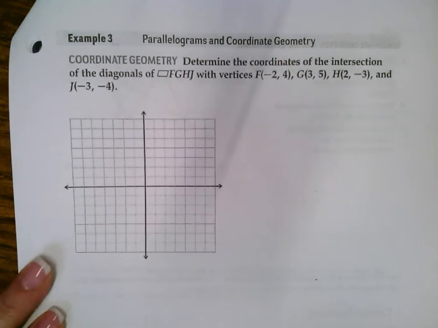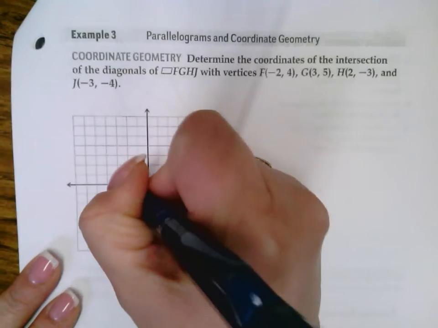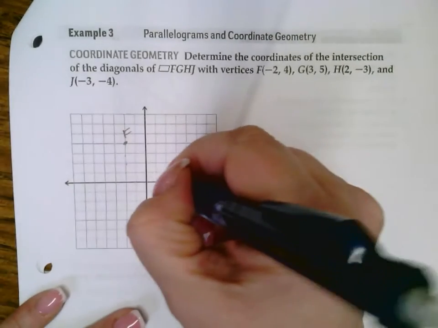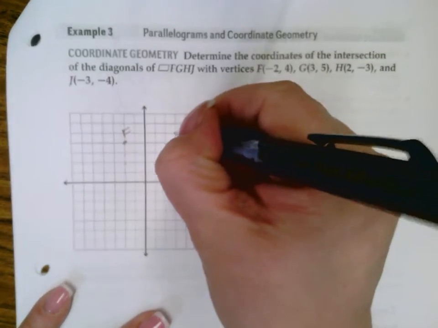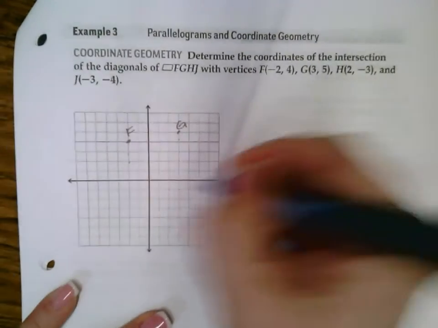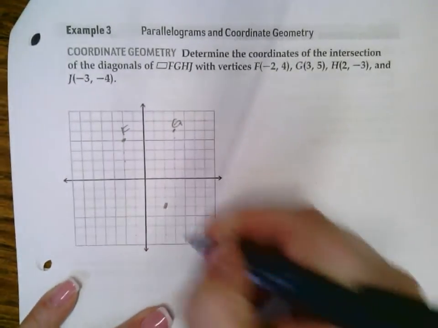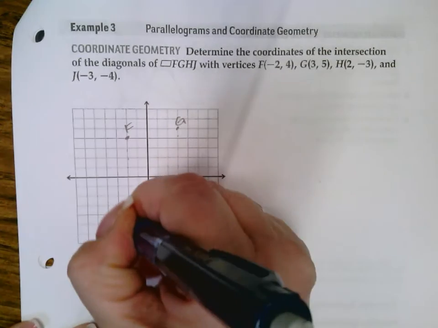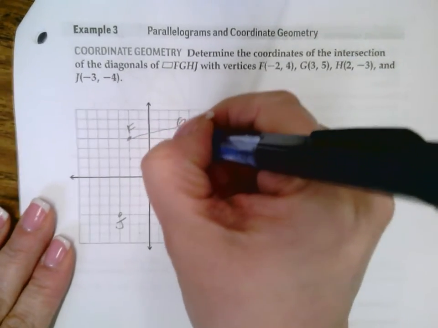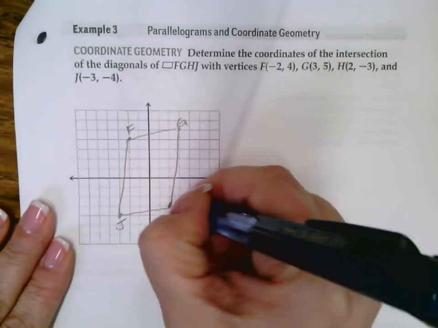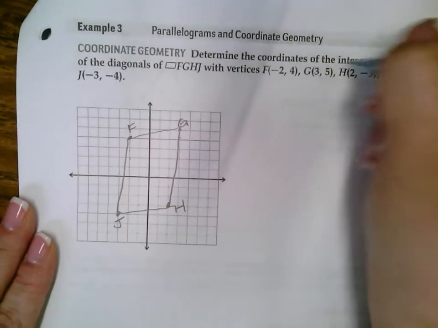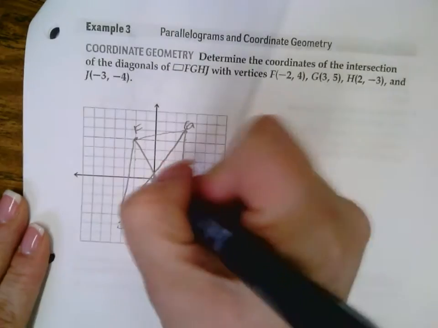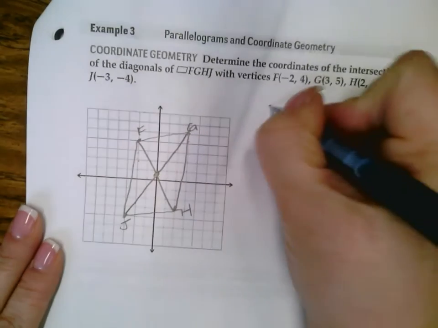Looks like a parallelogram. I'm going to graph it: (-2, 4) is F, (3, 1)... 1, 2, 3, 4, 5 is G, (2, -3) is H, and (-3, -4) is J. And in order to figure out the coordinates of the intersection, we have to think about the fact that the diagonals cut each other at the middle, or in 2 equal parts, or bisected.